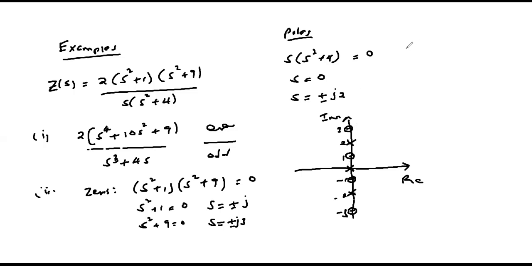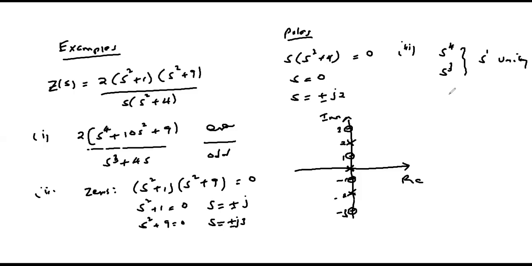Property number 3 is on the highest and lowest powers of S in the denominator and numerator polynomials of our transfer function. The highest power of S in the numerator is S power 4, and the highest in the denominator is S power 3. As you can see, they differ by S power 1, which is what we mean by differing by unity.